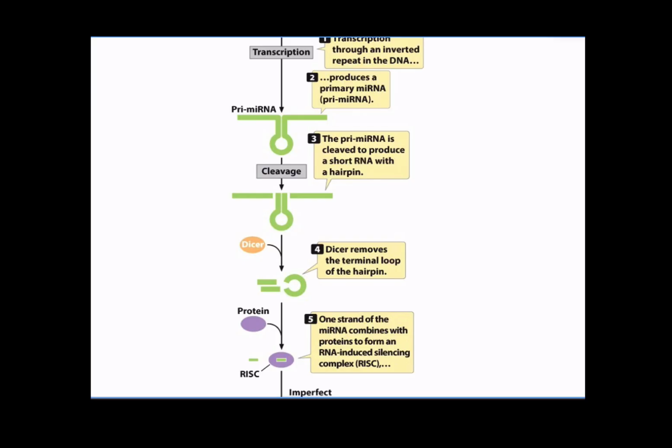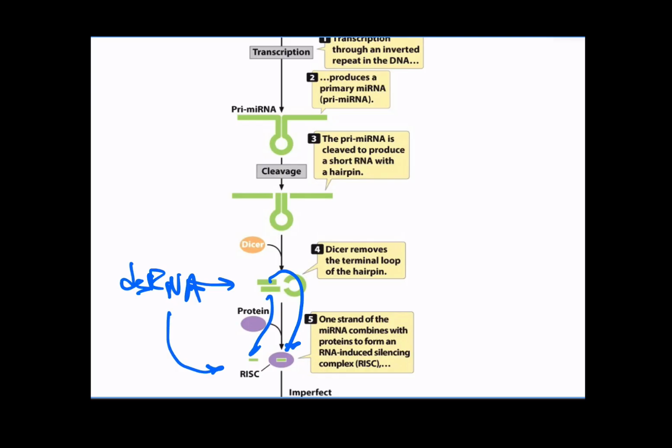That was a tongue twister. I meant a short double-stranded RNA molecule. And when I say short, I mean somewhere in the vicinity of 20 base pairs. And one of those serves as the microRNA that gets loaded onto RISC. So one of them gets tossed out, the other one gets loaded onto RISC. Okay?